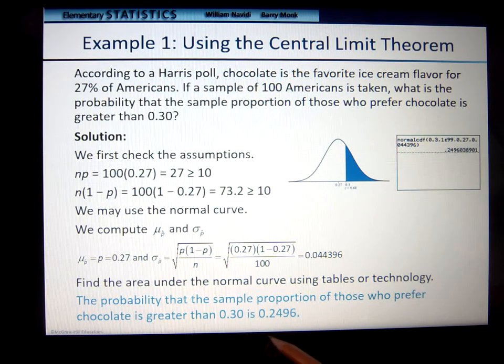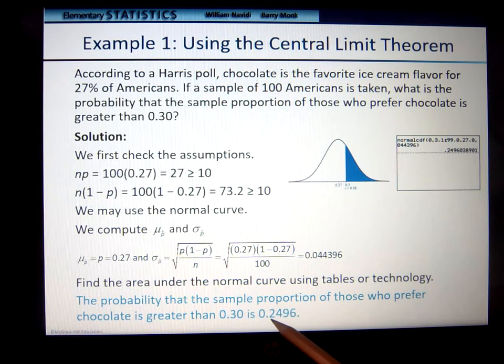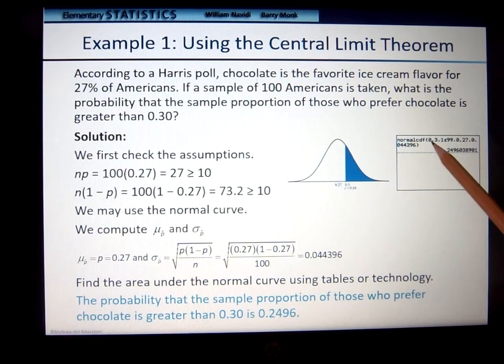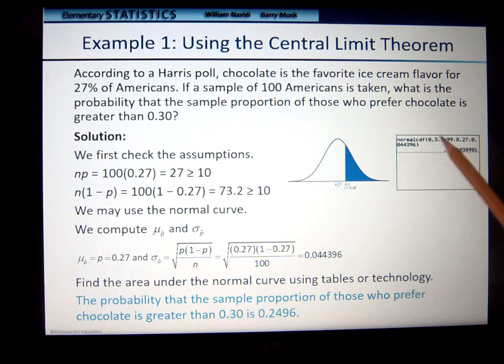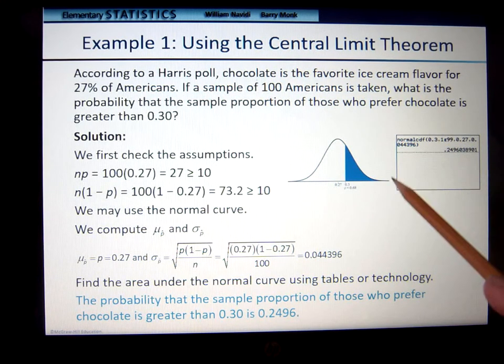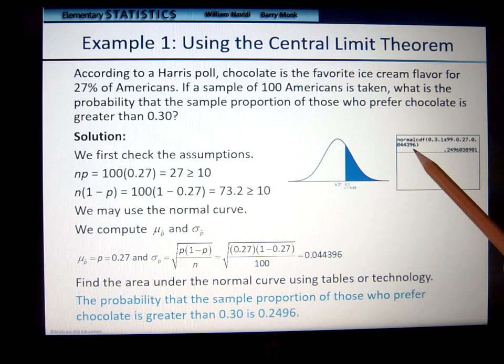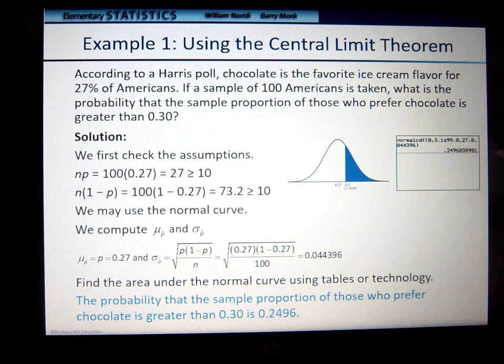The probability that the sample proportion of those who prefer chocolate is greater than 0.3 will be 0.2496. Here you go. Here's 0.3, you have your upper bound, 1 and 99 zeros, you have your 0.27 as your mean, and you have your standard deviation, 0.044396.